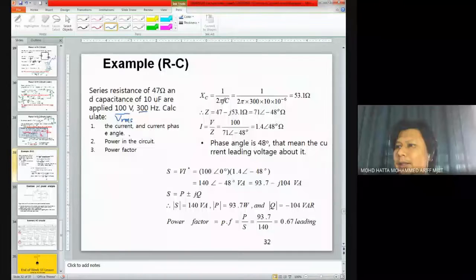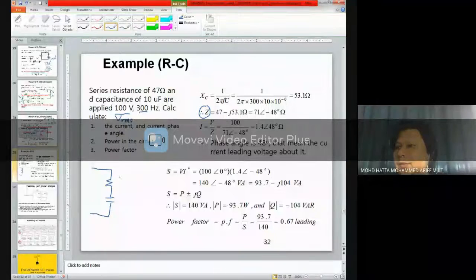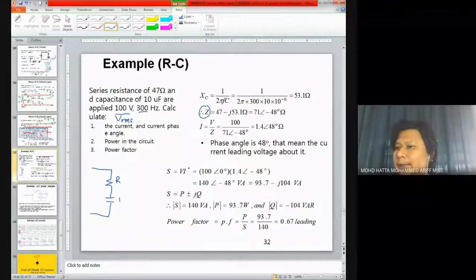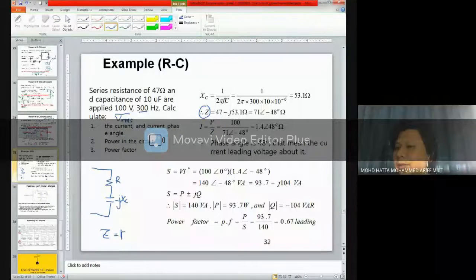So to calculate the current and the phase angle, what you need to do, you need to have this impedance information. And if we draw back the circuit given by this kind of connection, we have resistor over here, we have JXC, and supposed to be a minus JXC, and the Z is given by R minus JXC in this case.